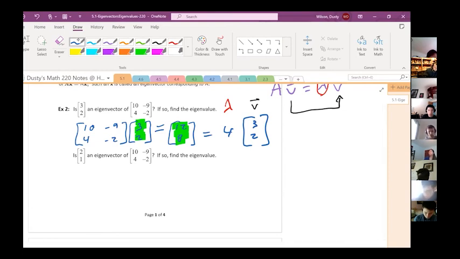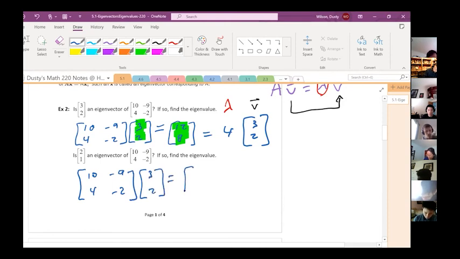Take a guess. Is the next one going to work? Probably not. So we try again. 10, -9, 4, -2, times 3, 2. What are you going to get out this time? Got an 11, 6.